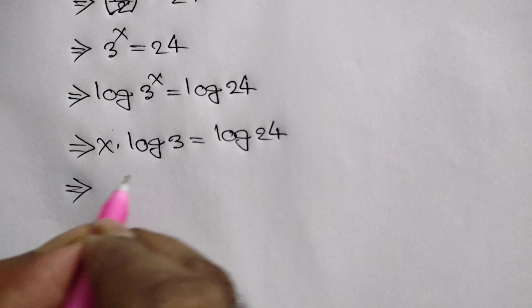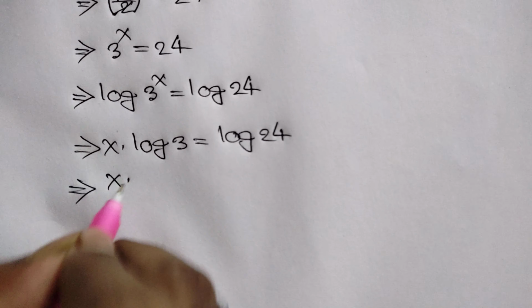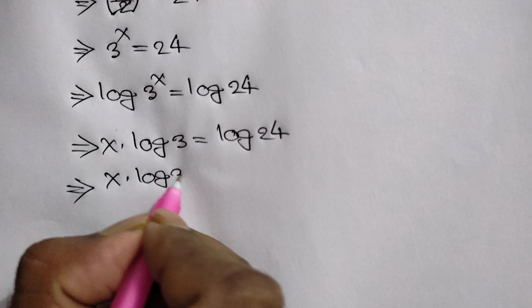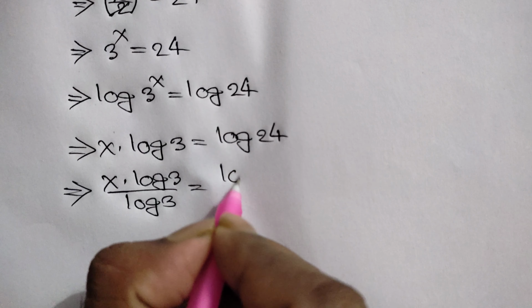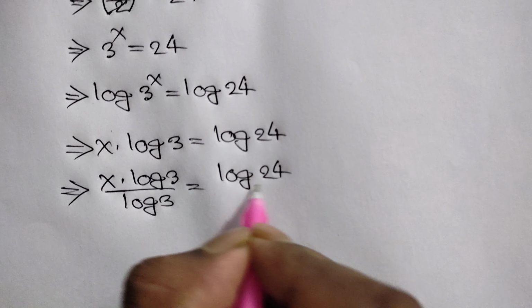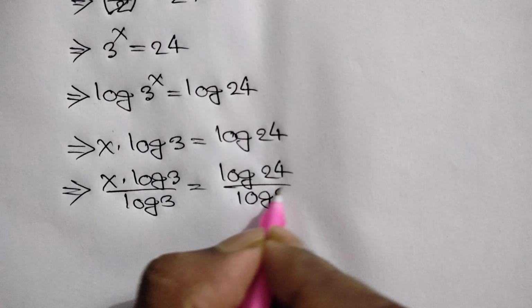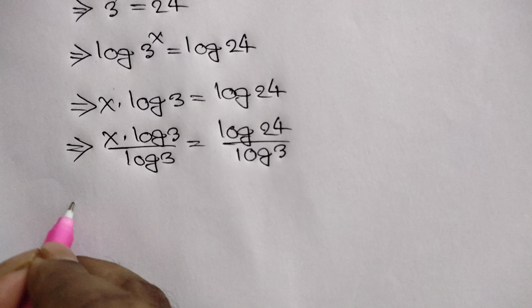Or now dividing both sides by log of 3, we can write here x times log of 3 over log of 3 is equal to log of 24 over log of 3.